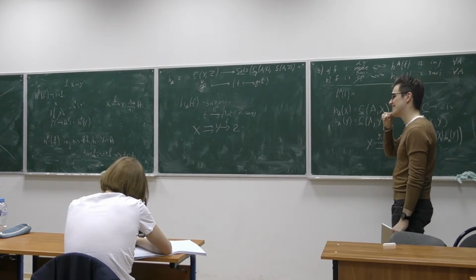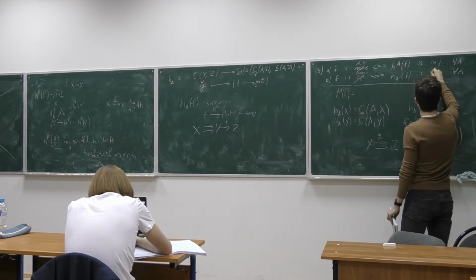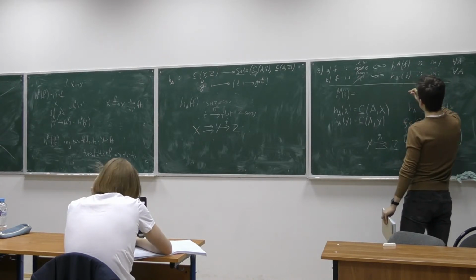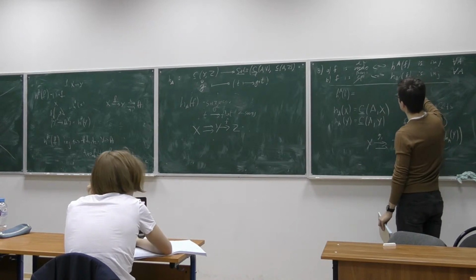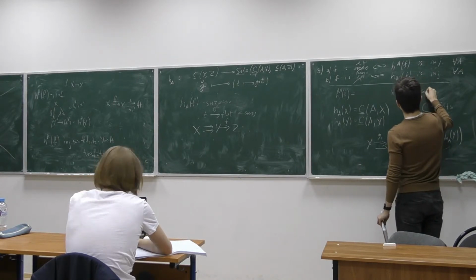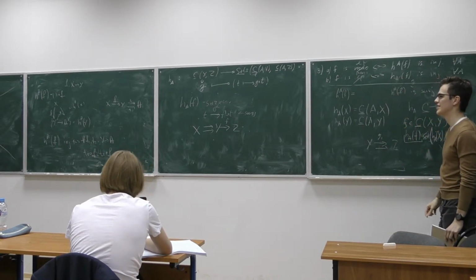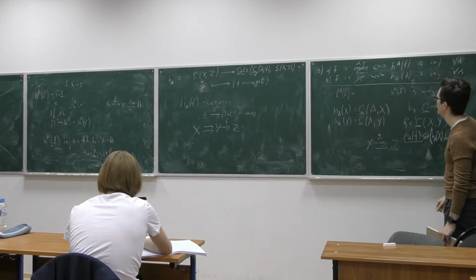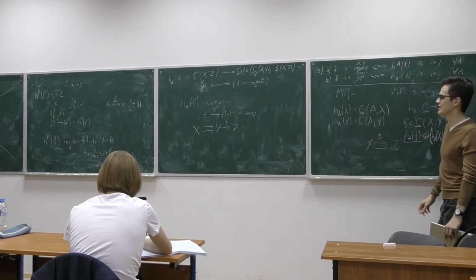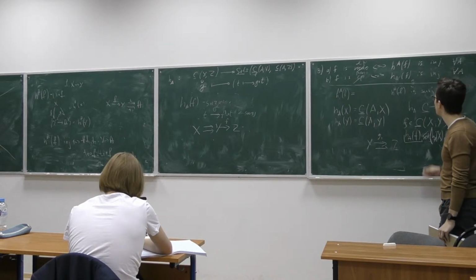There should be injectivity in both cases, because we have cancelability. Maybe this is equivalent to this statement? I don't think so. Cancelability is just a condition about injectivity. You cannot take surjectivity from it.